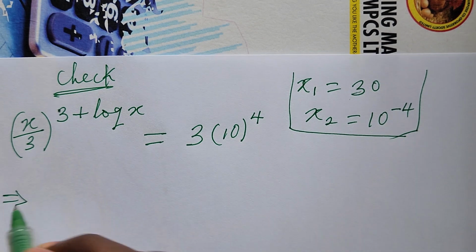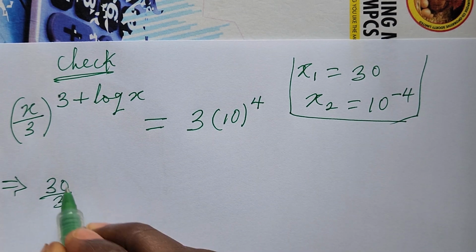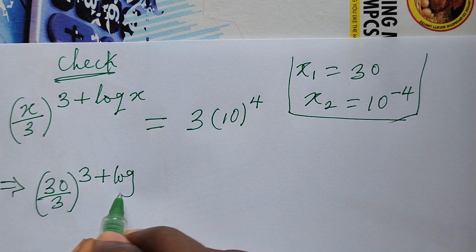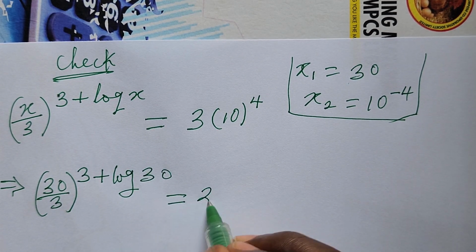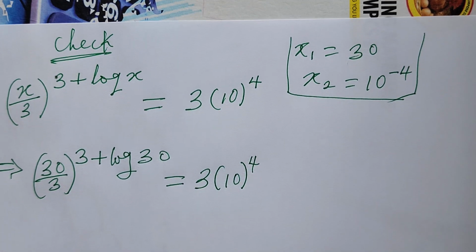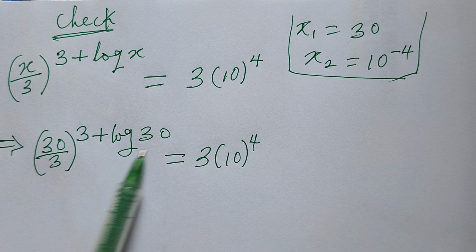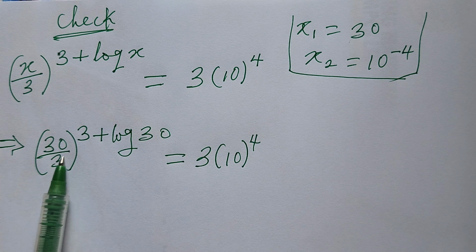This will now give us 30 over 3 to the power of 3 plus log 30, which is equal to (3 times 10) all to the power of 4. Okay, so what we do here is easy. Look at this exponent here. Here, we just have to rewrite this. From here, I just have to divide this down.